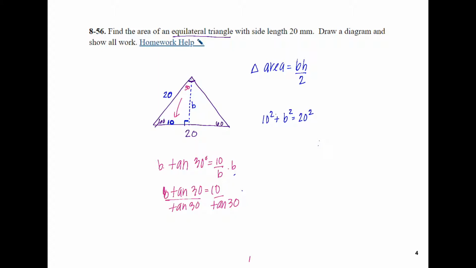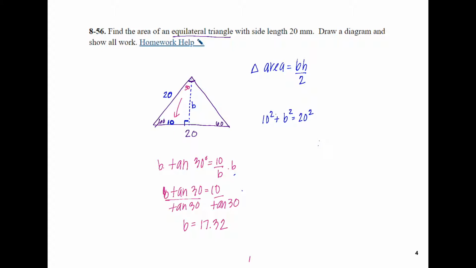Make sure if you're using right triangle trig that your calculator is in degrees instead of radians so that you get the correct answer, and we get the height of the triangle, or b, to equal approximately 17.32.